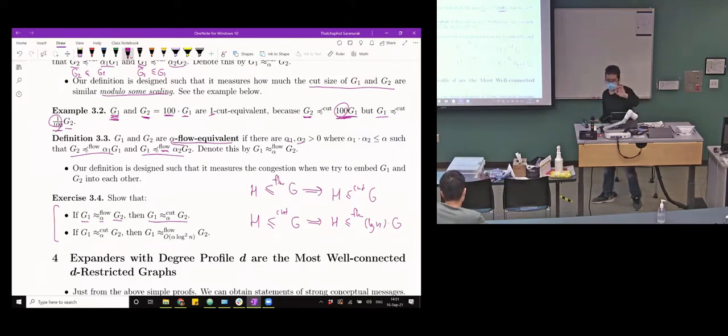So flow is slightly stronger than cut. If you have that H is embeddable into G in the flow sense, then H is at most G in the cut sense. Flow is a bit stronger. But yes, if this is true for cut, it's true for flow too, but with a log n factor, and that's why you lose a log squared factor here.